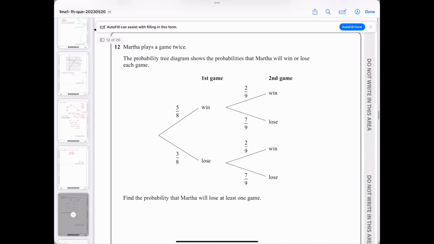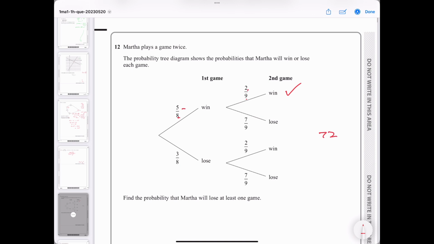Right, Martha plays a game twice. This is her chances of winning or losing each game. Find the probability that Martha will lose at least one game. At least one game, so we could take the idea that she's won both and take it away from 1. So we could do 8 times 9, which is 72. 5 times 2 is 10.